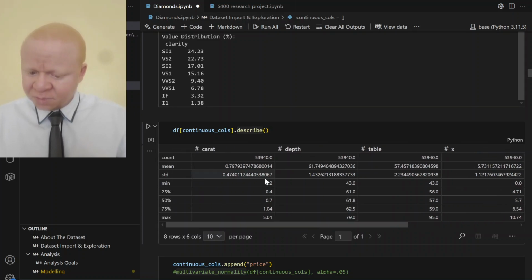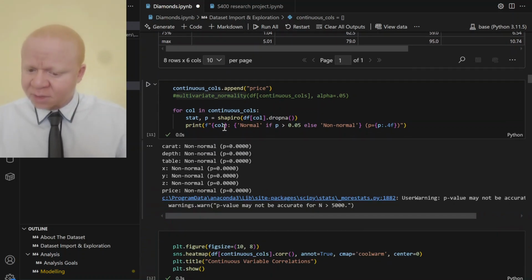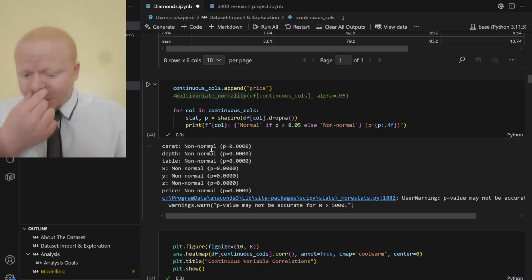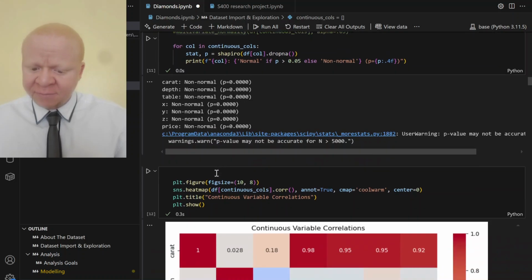So this is the general distribution of the continuous columns, and then moving after, I append the price again to continuous columns, and then I do a Shapiro normality test to see how normal the data is. Albeit it's a bit touch and go for values greater than 5,000.